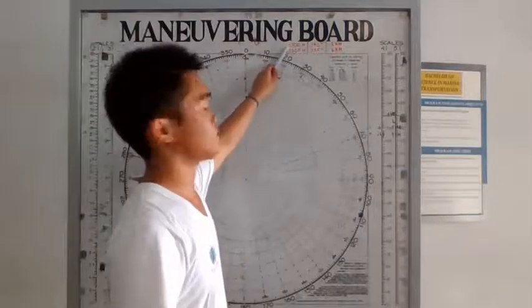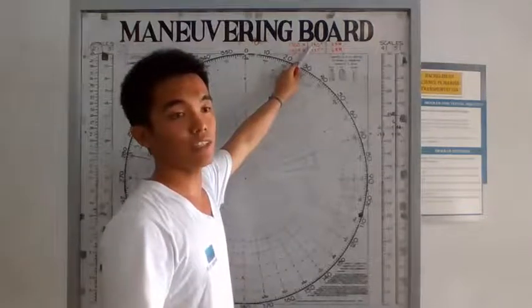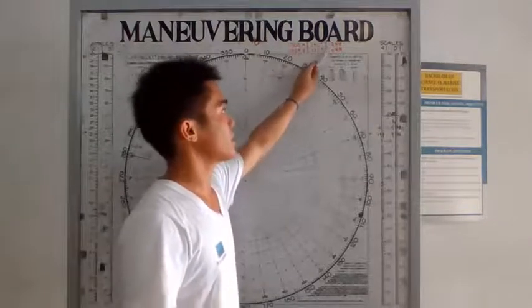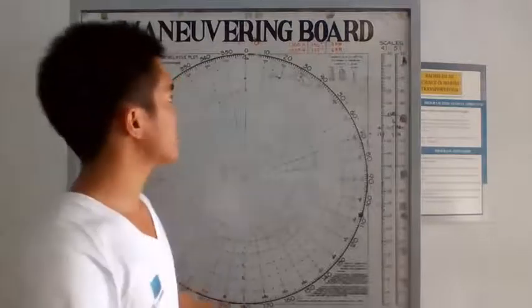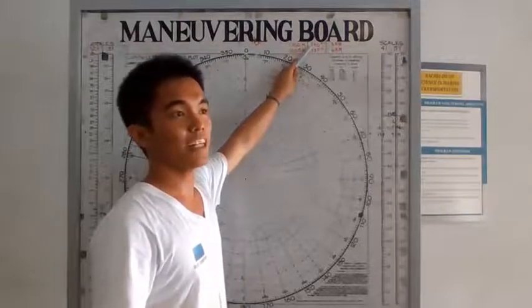The first observation has a time of 1300, 140 degrees, and a distance of 8 nautical miles. But we must take into account that our ship's course is 10 degrees. Instead of plotting 140 degrees, we will add 10 because our ship's course is 10 degrees.